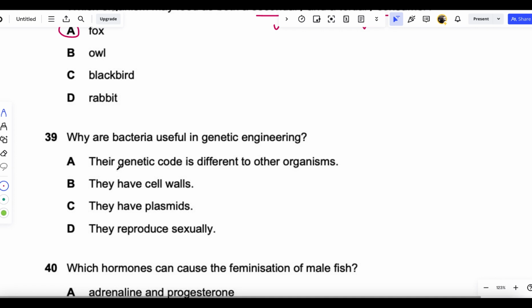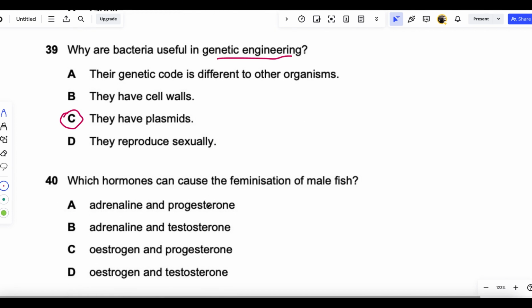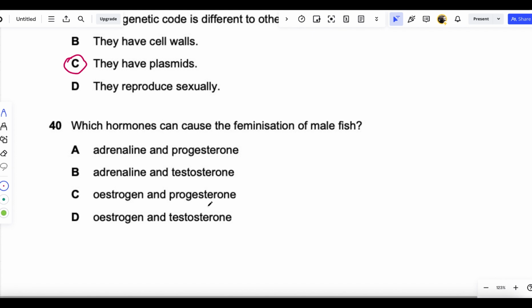Not really. They have cell walls? They are not the only ones that have cell walls. They reproduce sexually? Are they the only ones that reproduce sexually? They have plasmids. I think that's the most appropriate. Bacteria have plasmids, and because of that they find usefulness in genetic engineering. Now let's go to question 40.